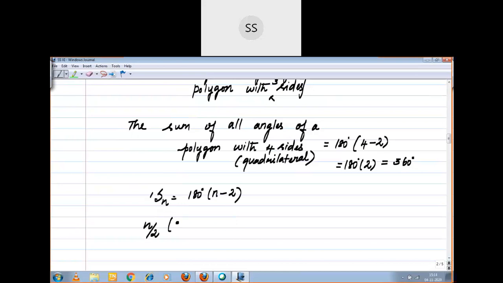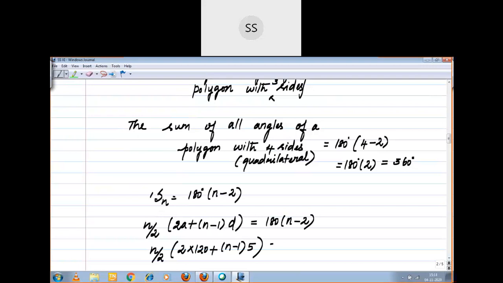You know, n by 2 into 2a plus n minus 1 into d equal to 180 into n minus 2. Now, a you know, a is 120 degree, d you know that is 5 degree. So, n by 2 into 2 into 120 plus n minus 1 into 5 equal to 180 into n minus 2.